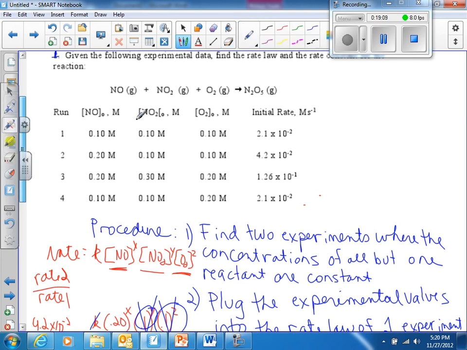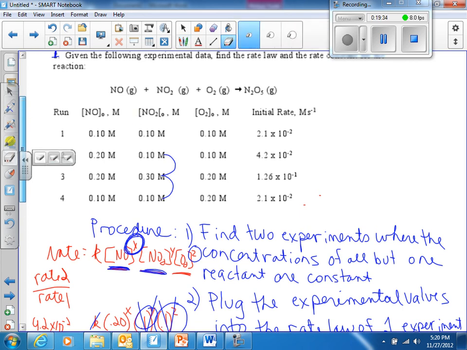However, we know x at this point, and we know z, and we're only missing y. So at this point, we can actually pick any two experiments where NO2 is changing. So I could pick 3 and 4, or actually, I don't want to pick 2 and 3 because I need the NO to be changing.